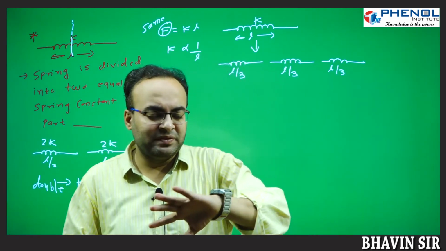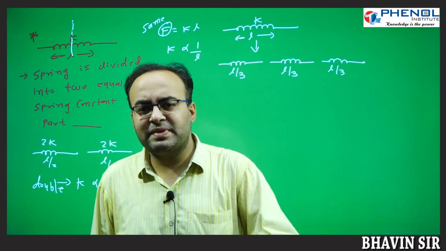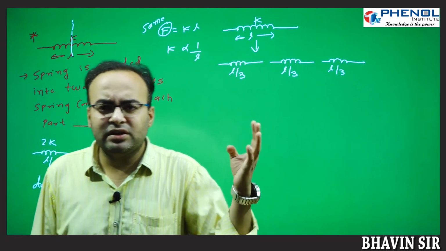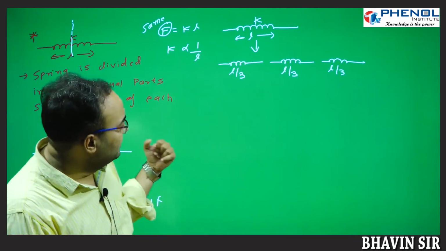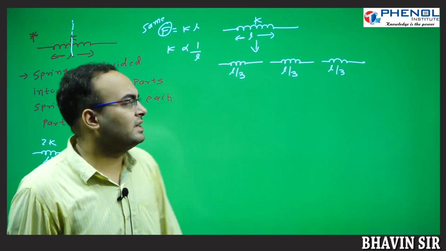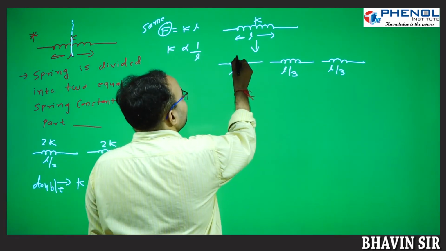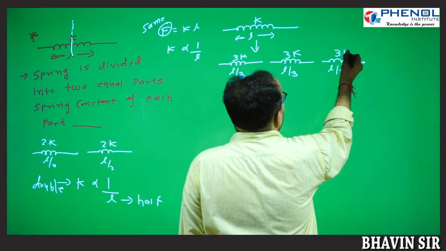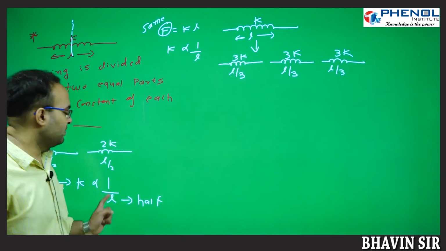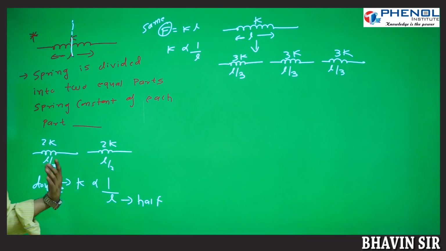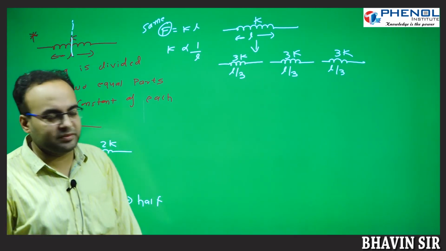If the spring is divided into four equal parts, then the length becomes L by 4. So what is the spring constant? It becomes 3K, 3K and 3K. Because they are inversely proportional, the length decreases 3 times, so the spring constant becomes 3 times.